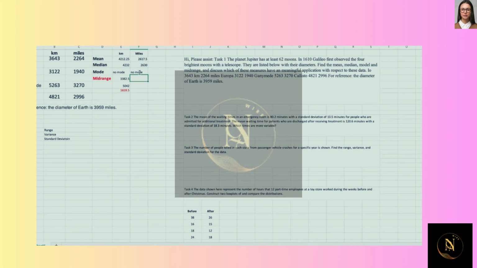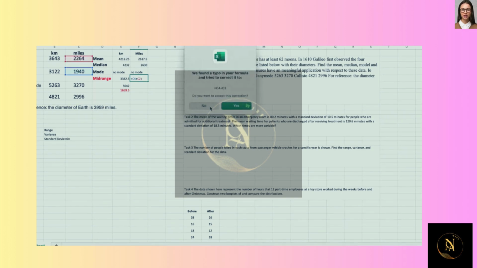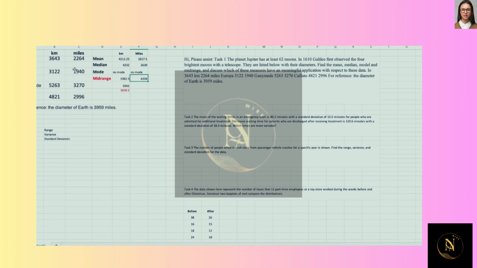And to find the mid-range of the next data set, I'm going to take this number and add it to this number, and then divide by 2. And then I'm going to take that number and add it to this number and then divide it by 2.